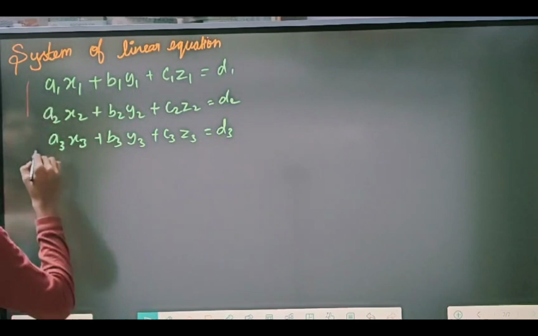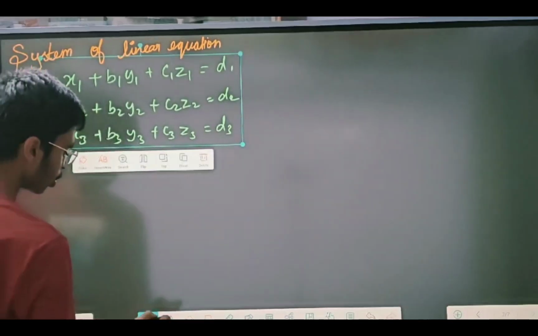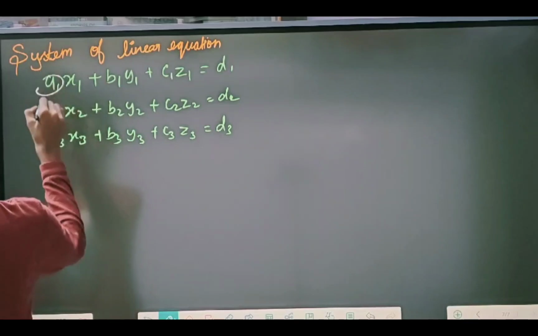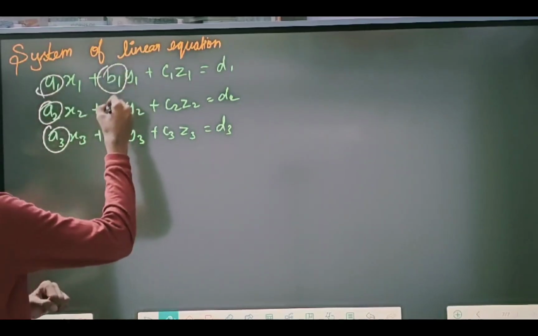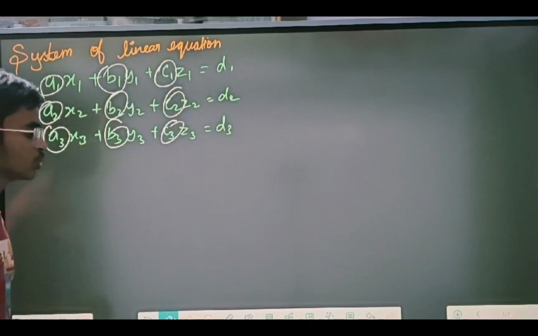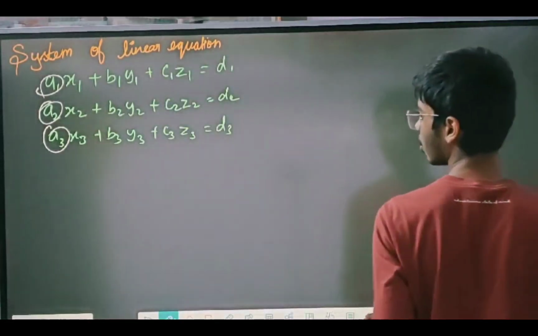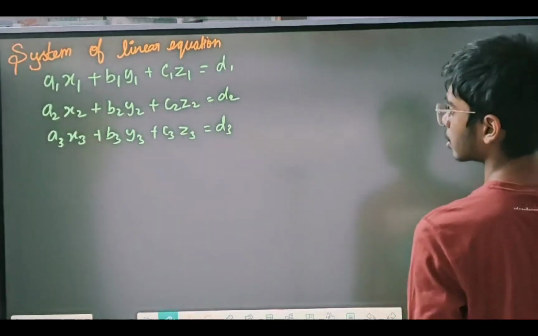Okay, so like this they have given you three different equations. What you are going to see here: a1, a2, a3, b1, b2, b3, c1, c2, c3, all these are constants, just like d1, d2, d3.